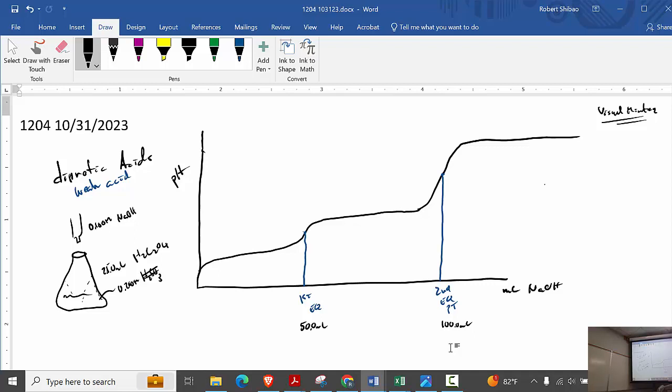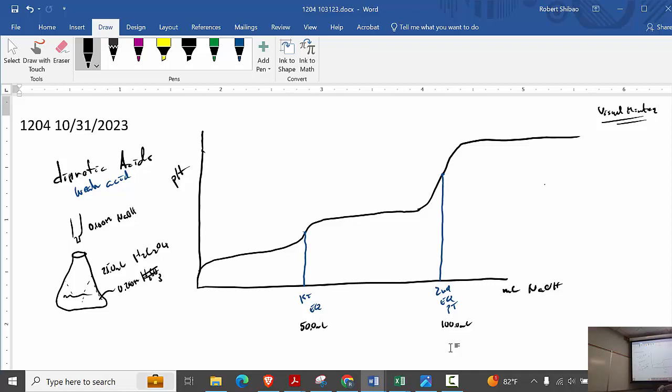It's a poorly designed titration because most burettes go up to 50. So I probably should have titrated with 0.200 molar sodium hydroxide, and then it'd be at 25 and 50. That would be better. But that's okay. This is just some hypothetical titration. We don't have to make sure that this works on a practical level.